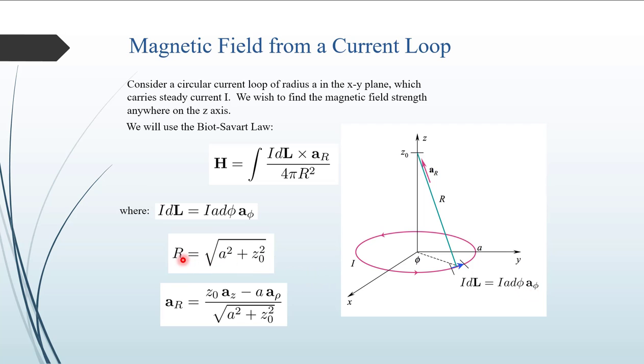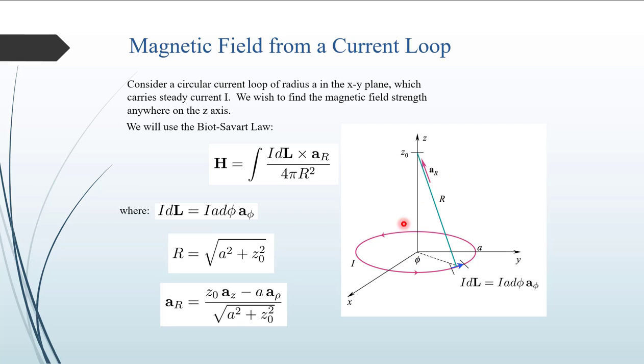And what is r? R is the distance between this upper point and dl. This point on z axis will have coordinates r is 0, phi is phi and z is z, and this point dl will be at point r is a, phi is phi and z is 0.